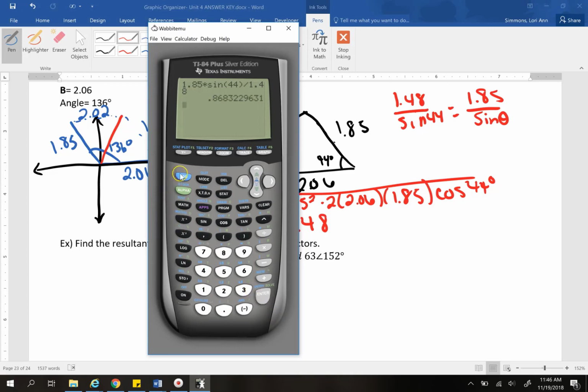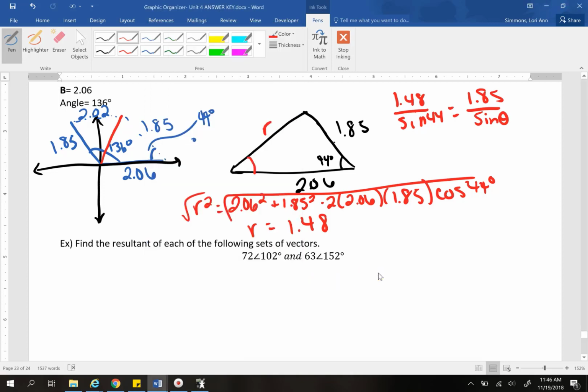And then take the inverse sine of that. We should get about 60.3 degrees. And that is from the standard position, so our answer would be 60.3 degrees.